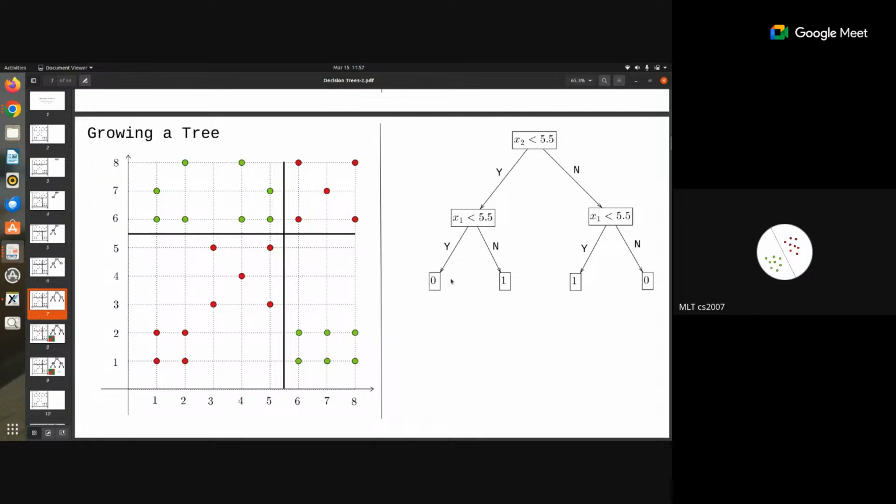So which is this representing? Left bottom corner, x2 less than 5.5. All the data points which are here, so is this a pure data set now? Yes.